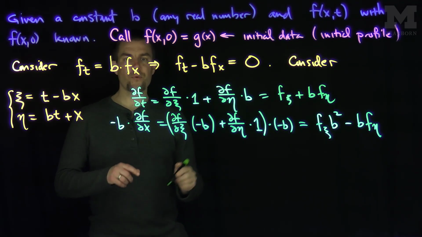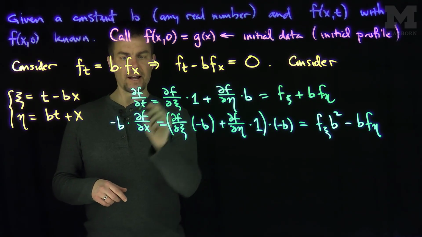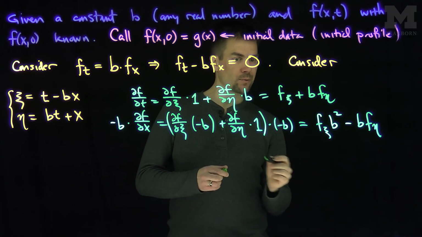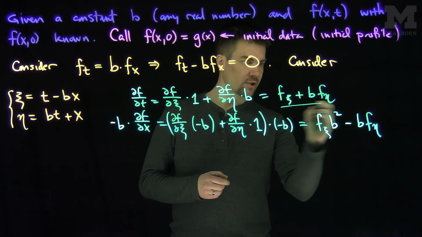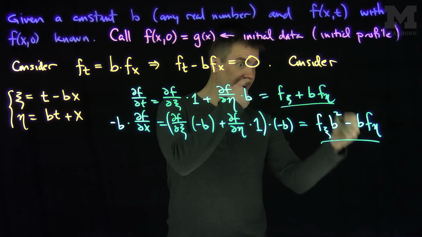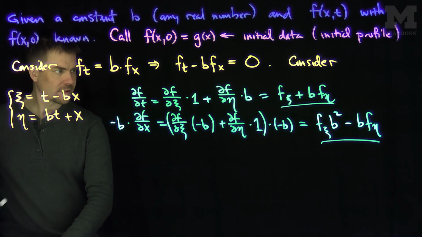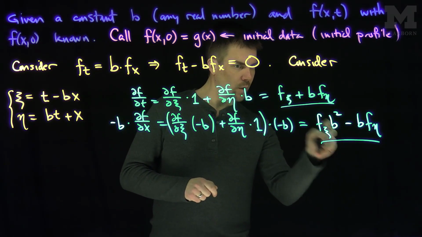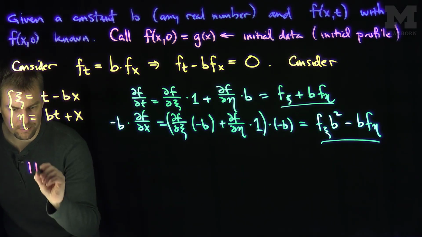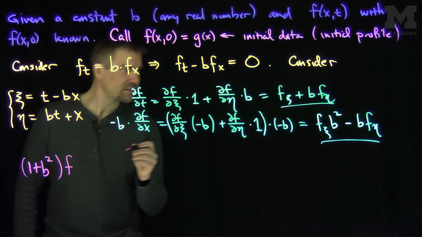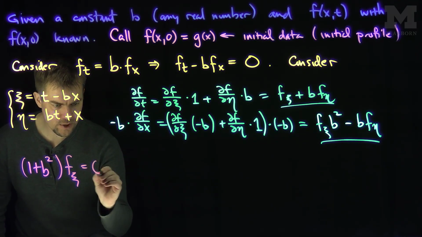Okay? Now if we take f_t and add it to negative b f_x, we add these results down over here. We see the f_etas cancel out, and we will have 1 plus b squared times f_xi is equal to 0.